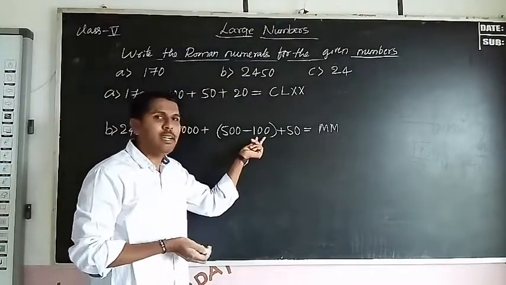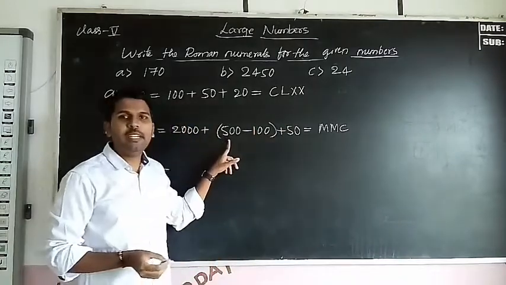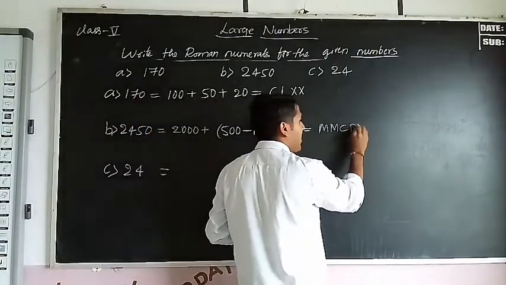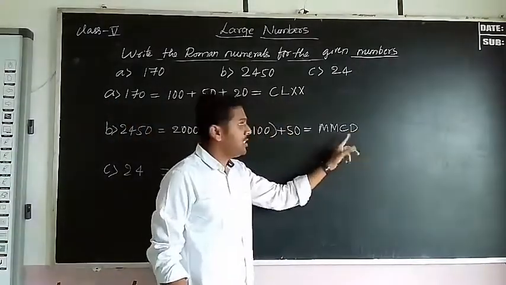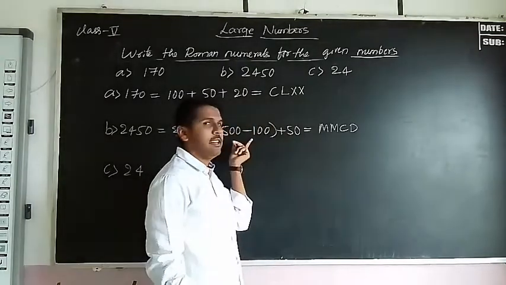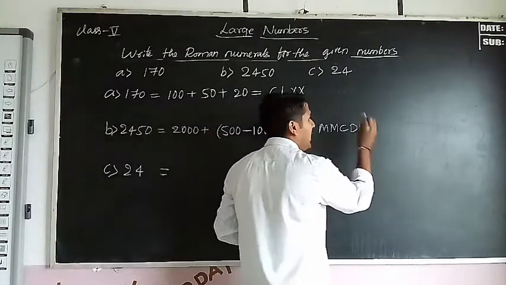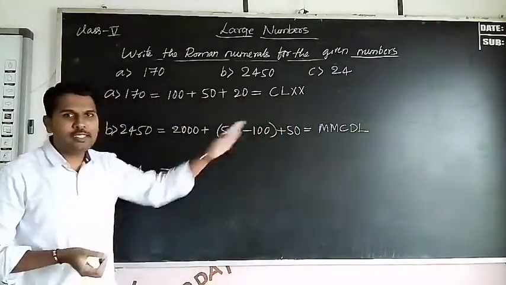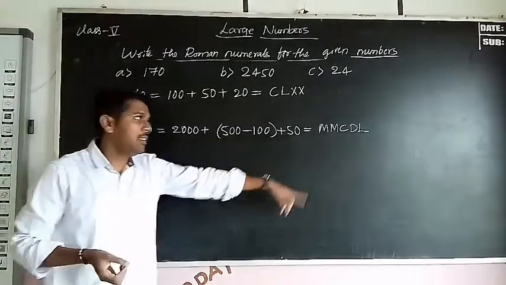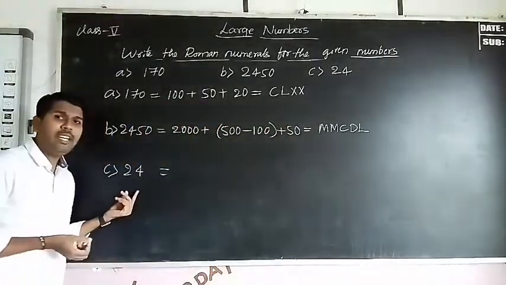So 100 means that is C. 500 means that is D, no? So here the smaller value is placed before the larger value. So that is subtraction. Next 50. 50 means that is L, no? So this is the Roman number: M C D L.